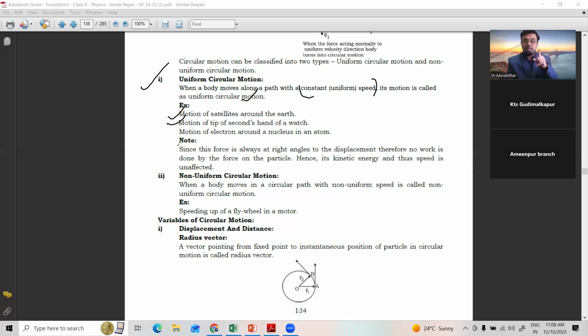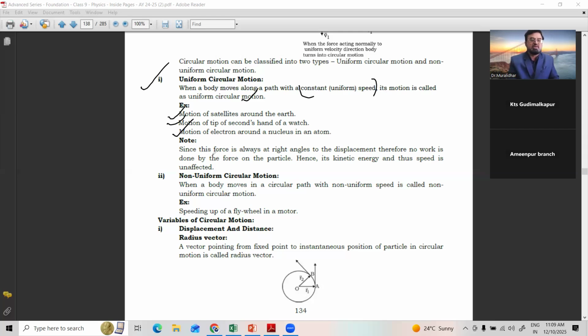Also the motion of the electrons around the nucleus. A satellite which we launch from here also moves around the orbit at constant speed. For example, if one revolution takes 10 minutes, the second also takes 10 minutes, the third also 10 minutes. Then only you can say it is uniform. Just now you have seen, he kept the sticker. Why did you keep the sticker? To observe how much time it will take to complete one revolution.